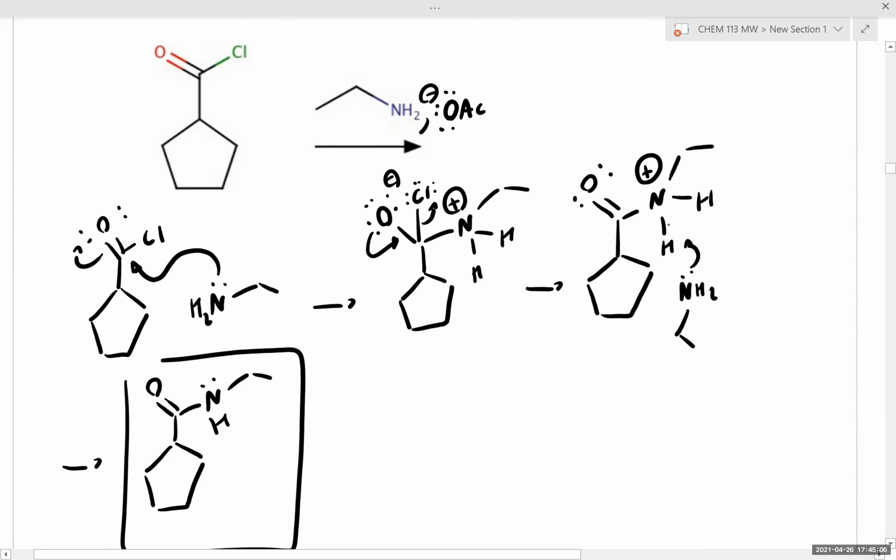Oh, that's just showing the arrow where we're kicking the electrons that were in this nitrogen-hydrogen bond up to the nitrogen. Oh, okay. I thought it did like a double arrow circle thing. I was like, what's going on? Thank you. Yeah, perfect. Any other questions on this example? Any other questions on this mechanism?